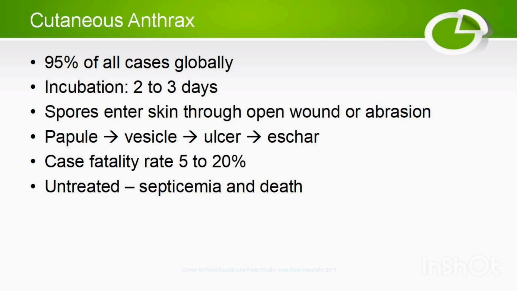The vesicles rupture, become necrotic and enlarge, forming an ulcer covered by the characteristic black eschar in 7 to 10 days. If left untreated, it can lead to septicemia and death. Death can occur through asphyxiation from the edema if the lesion is around the head or neck.